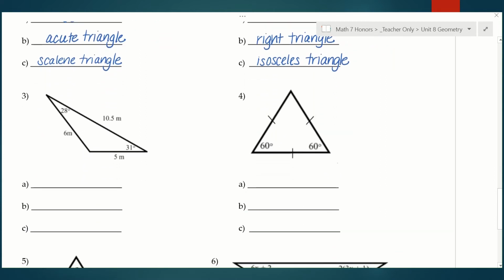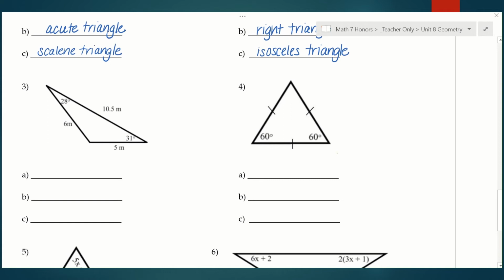All right, looking at number 3. So my two angles that I know are 28 degrees and 31 degrees. And so I take that sum and I subtract it from 180 to get the missing angle. And so my missing angle is 121 degrees.